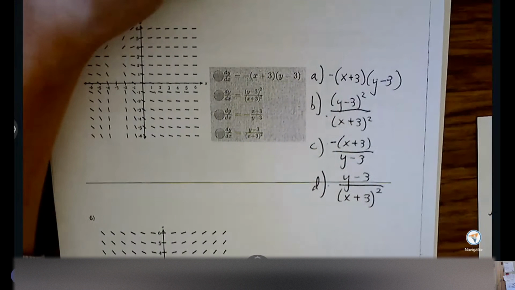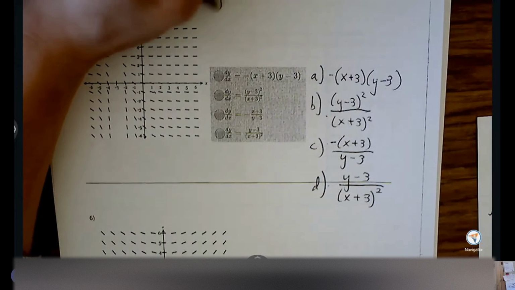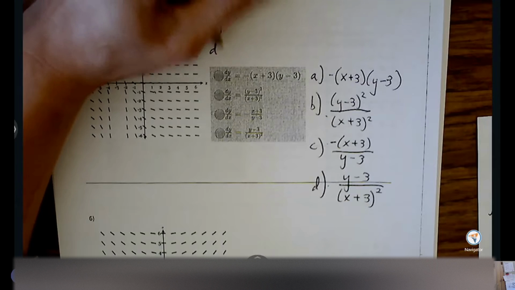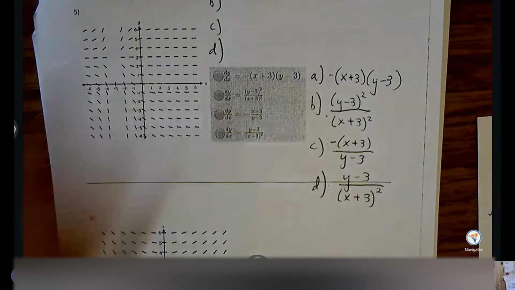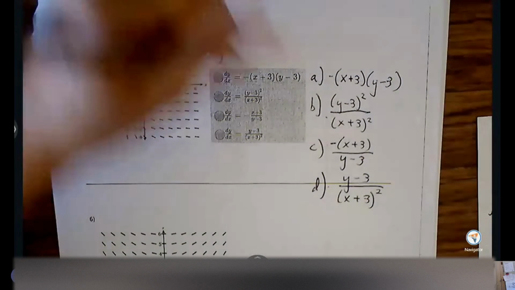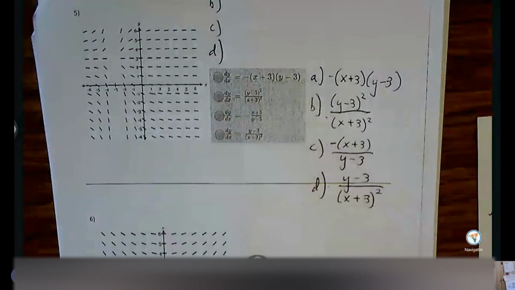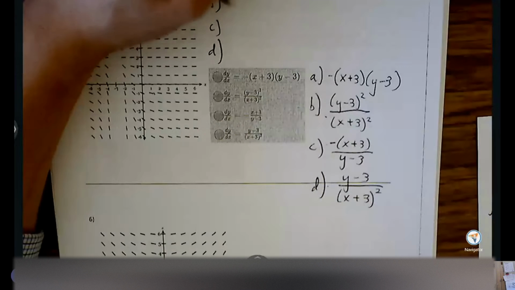But what we can do is list out some basic things that we're able to see, right? We can see where the slope zeros are. We can see where the slope undefineds are. We know what positive slopes look like. We know what negative slopes look like. And so we're going to see if we can create some general observations and use those observations to help us eliminate the choices that don't fit the observations that we're seeing.